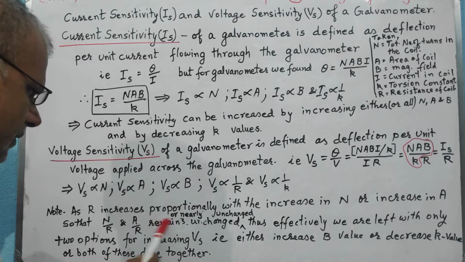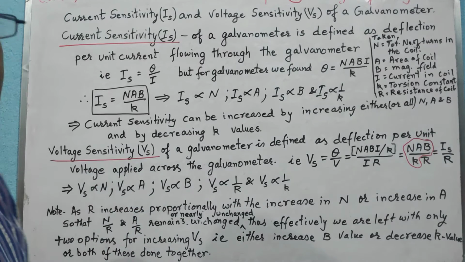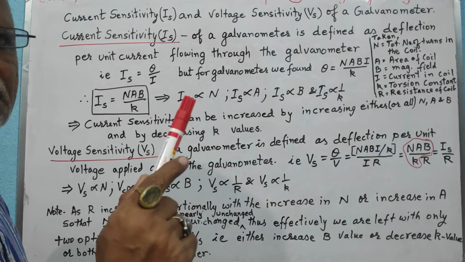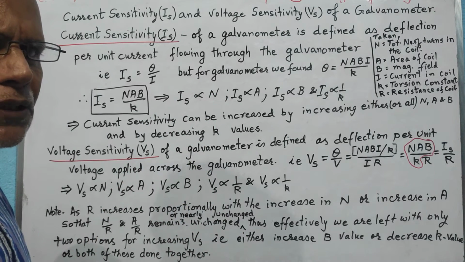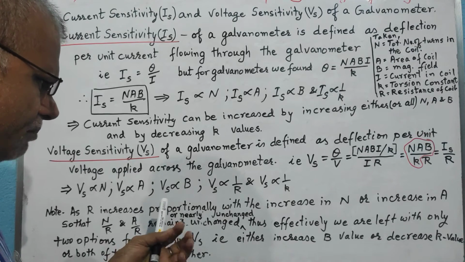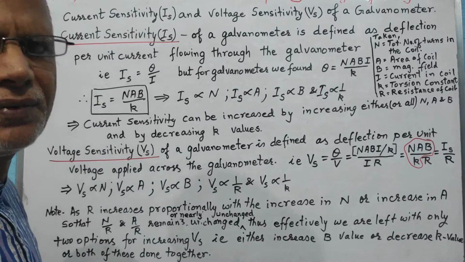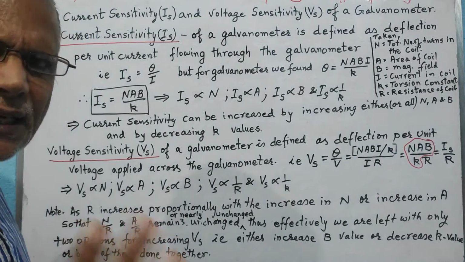Why am I saying nearly unchanged for the case A by R? Because area is found by the relation length into breadth. So that becomes a bit different from the case of N by R. So it could change slightly. I believe we can work it out separately.